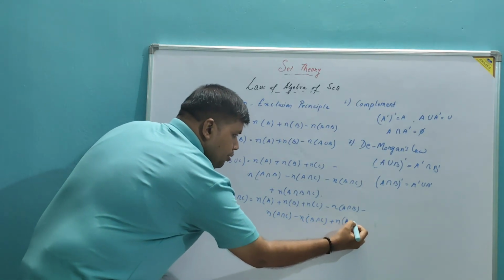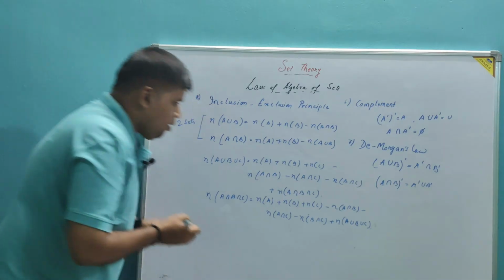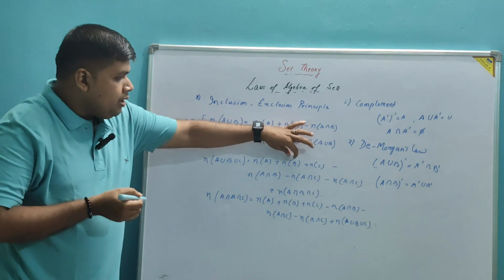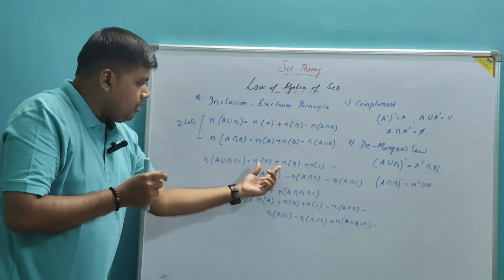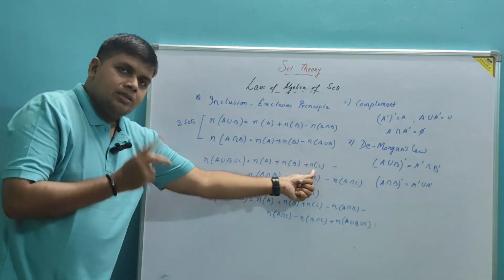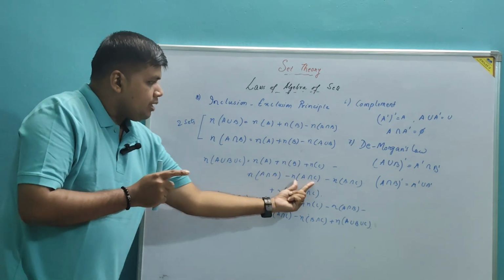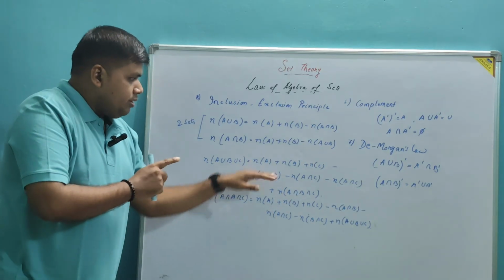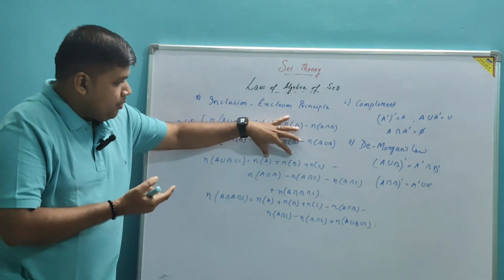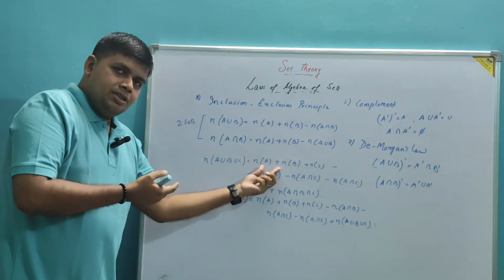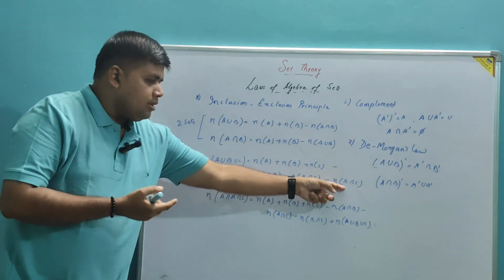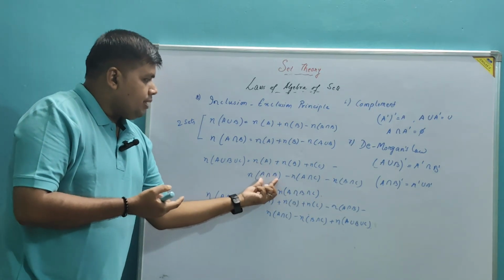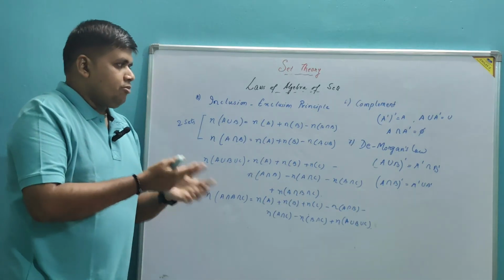If you observe it carefully, wherever a single set is there, it is plus, wherever two sets are involved, there is minus, and wherever three sets are involved, there is plus again. So you can remember it this way: for odd numbers, it is addition, for even numbers, it is subtraction.